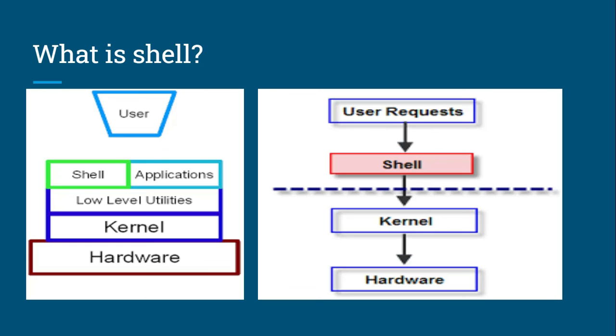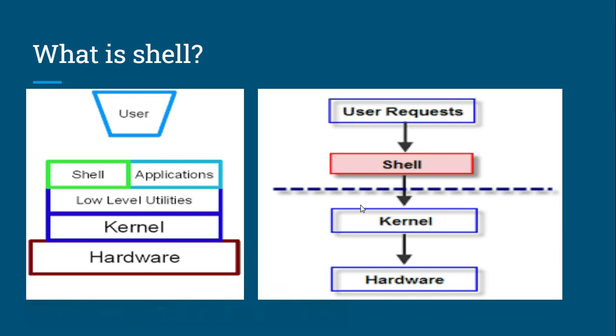Okay, so here is the structure of the shell, and how it interacts with the kernel. Whenever you have a user request, it goes to your shell. The shell communicates with your kernel, then the kernel contacts the hardware, which processes the request that was sent.